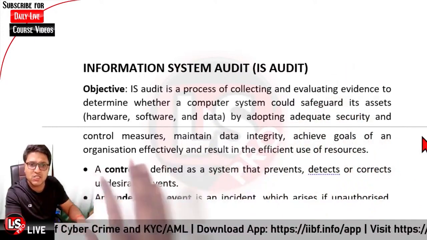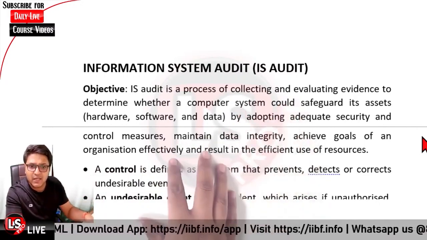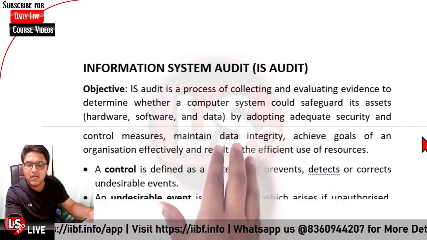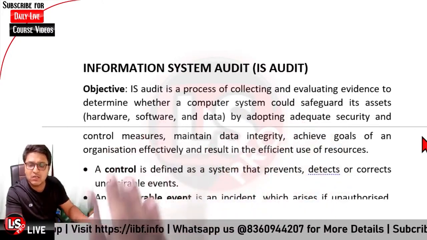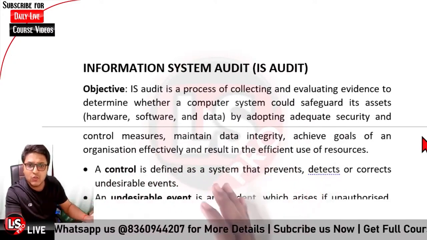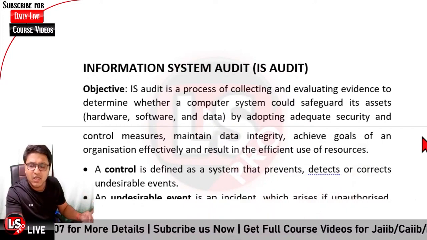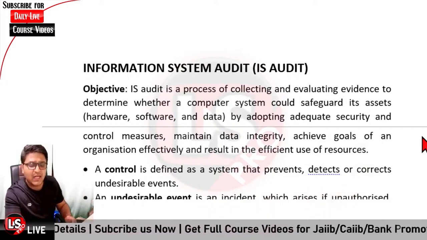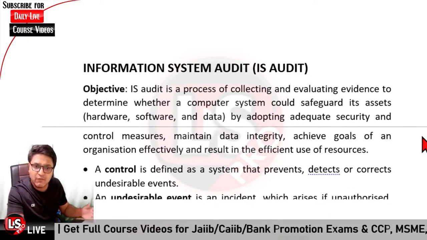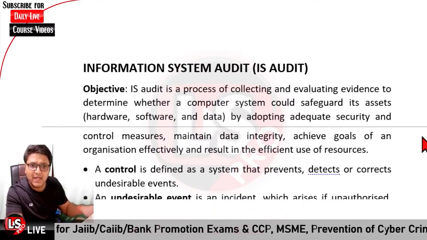Whatever operations are being performed, the approach would be collecting the data and the resource report regarding how the hardware, software or data is working, what techniques and security procedures we are using, what control measures are available, is data integrity being maintained, are we able to achieve the organization goals effectively through it, and are the hardware resources being used in a particular manner or not.